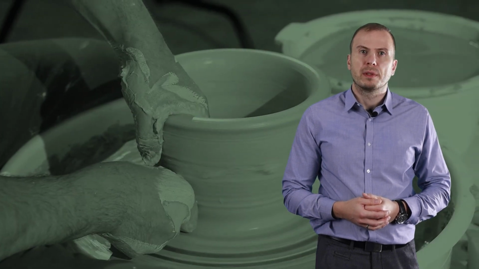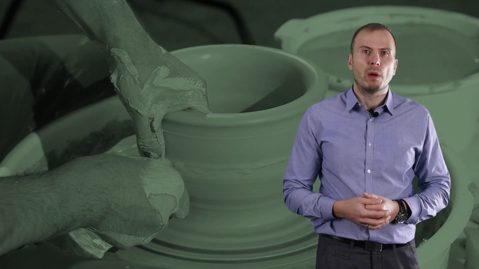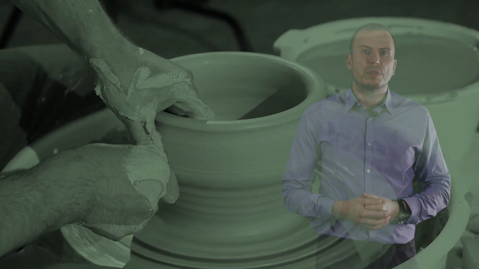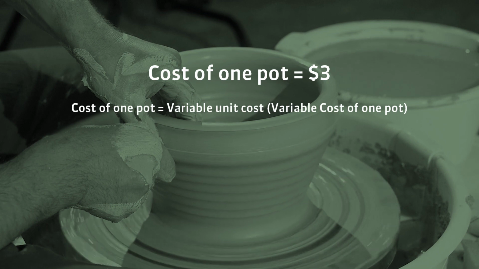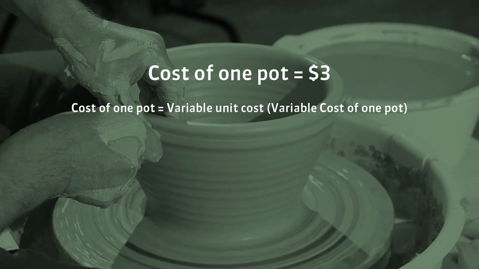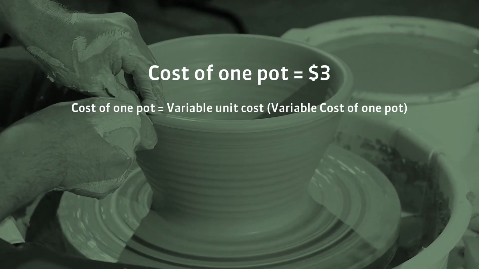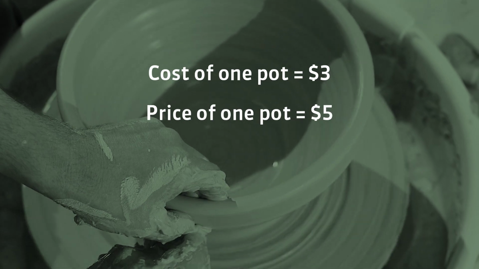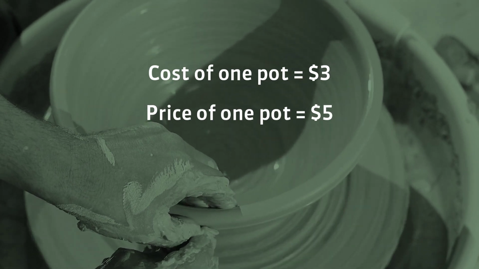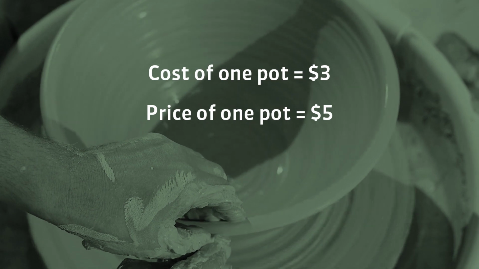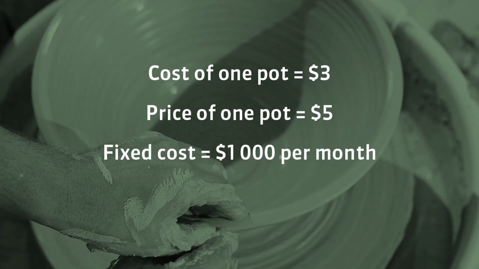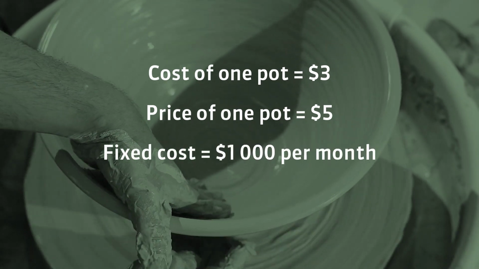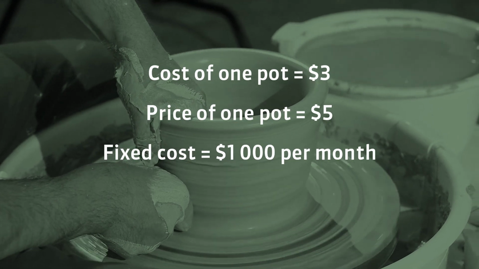Imagine a company that produces flower pots. The cost of production of one pot is $3. The price of one pot is $5. The fixed cost is $1,000 per month.